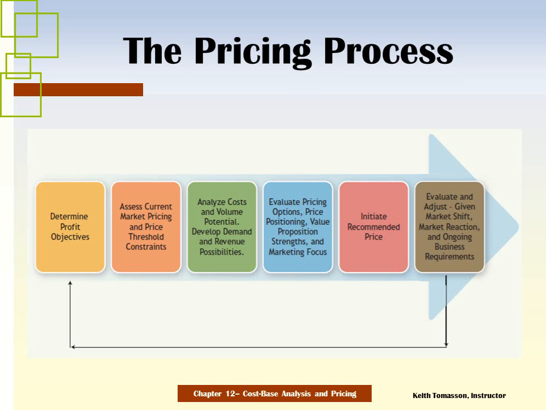All will have an impact on setting prices for our business.